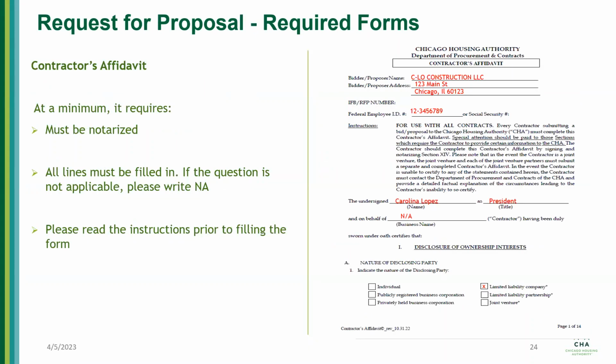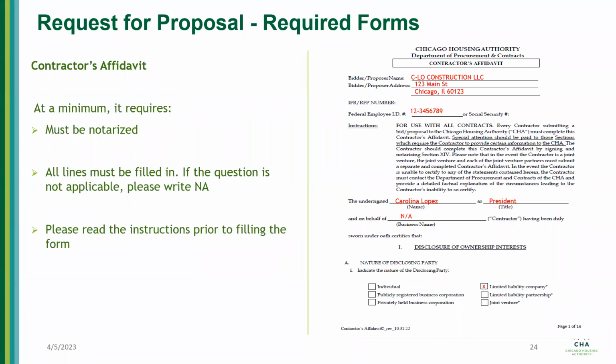Next is the contractor's affidavit. It must be notarized. Like I mentioned to you, the instructions are in the form, and it will tell you that this form has to be notarized. So make sure you notarize these forms once you complete filling them out.